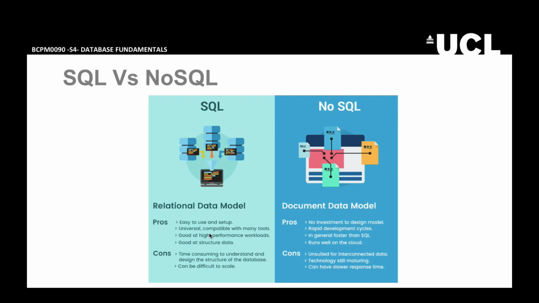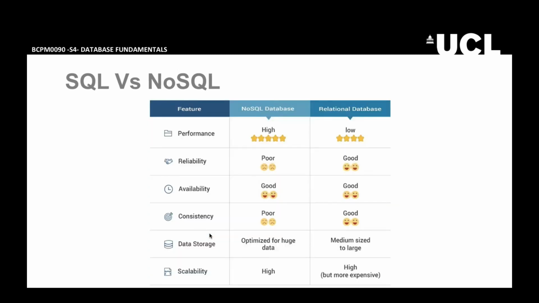amount of data. However, NoSQL databases are pretty good at designing different models. In general, they can be faster than SQL and they run pretty well on the cloud. However, the main cons are that the technology is still maturing and sometimes they can have a slower response time. And maybe the main con is that they are unsuited for interconnected data.